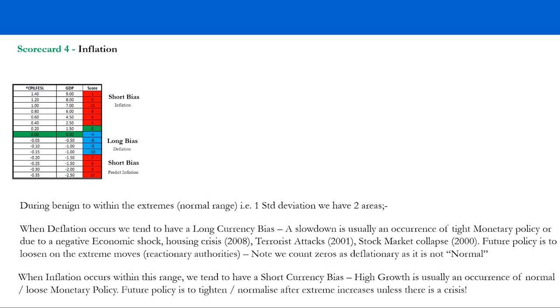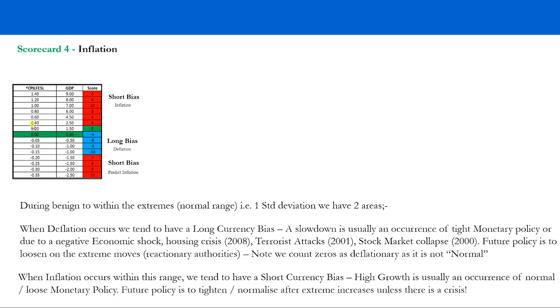The future policy, if inflation does get out of control, is to tighten and try to normalize after the extreme increases or during the extreme increases, unless, of course, there's a crisis. So when we're looking at the sliding scale going up here, we can see that we have what we looked at on the chart pictorially, the normal situation.